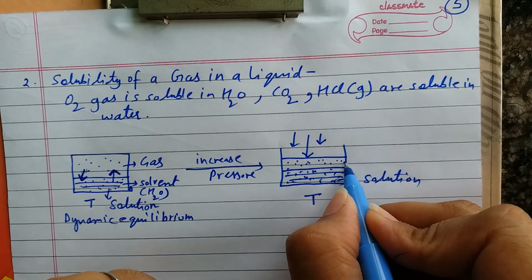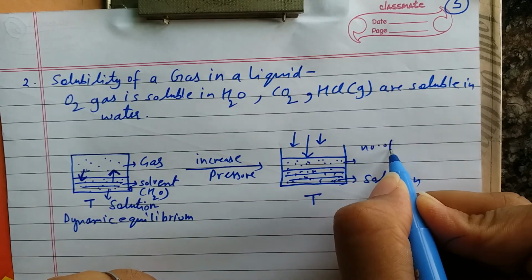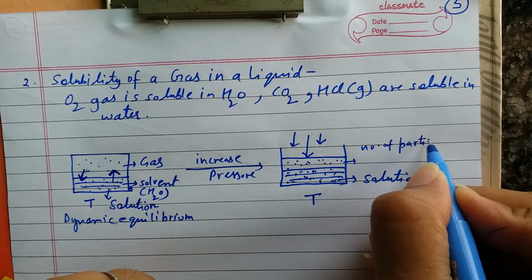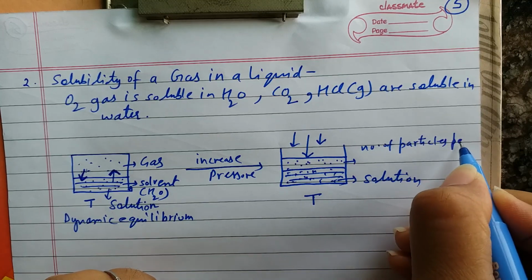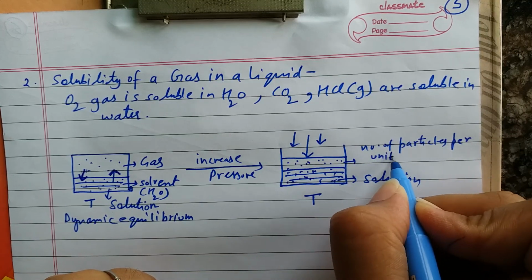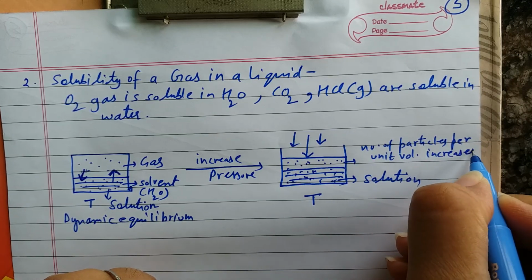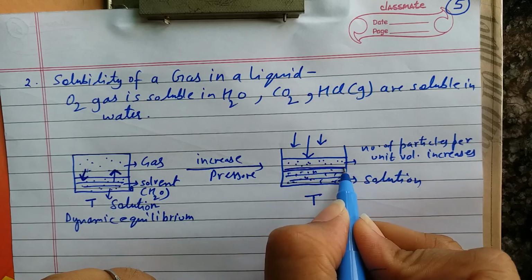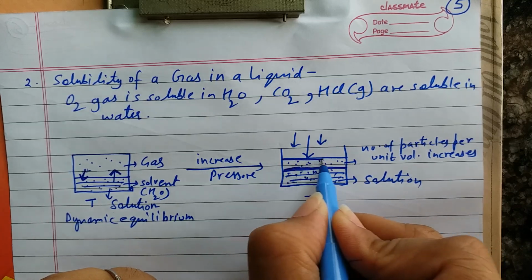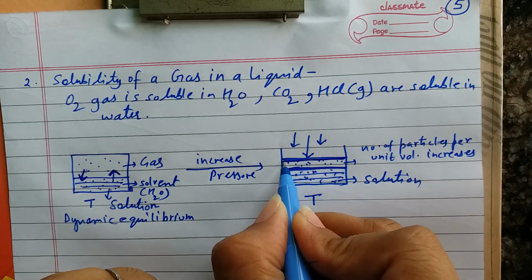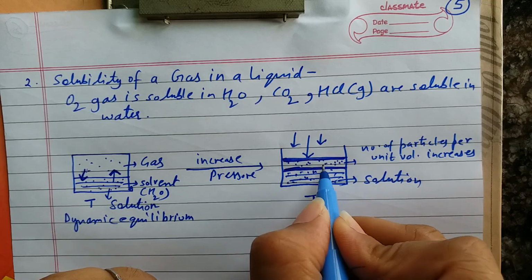So what we see here is that the number of particles per unit volume increases. I am talking about the gaseous phase. The gaseous phase is only this portion above the solution. So the number of particles per unit volume has increased.